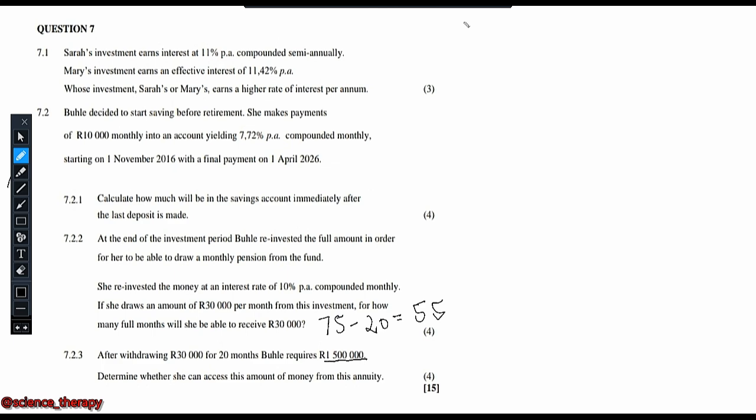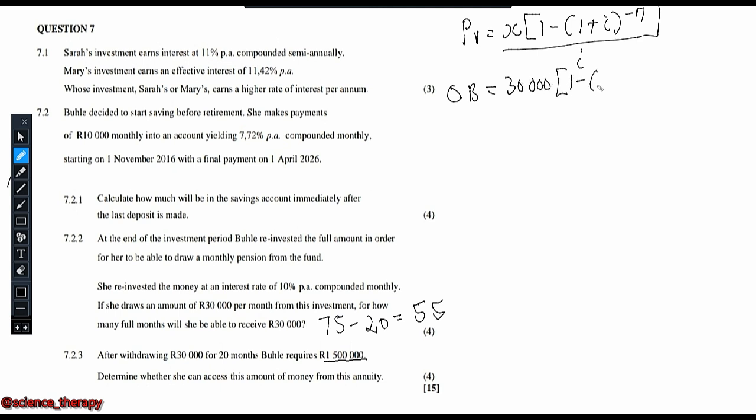So okay, to calculate that, we're still going to use the present value formula. 1 minus (1 plus i) to the exponent of negative n, and then over i. Then we can edit it to say outstanding balance, because that's what we are trying to find. We are trying to find the money that is still remaining in her annuity fund. So x is 30,000.